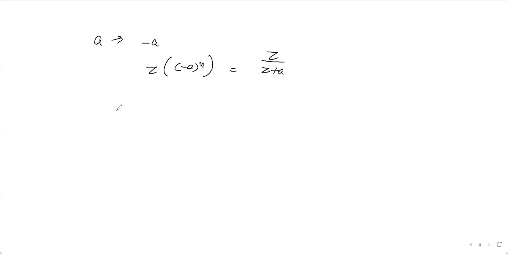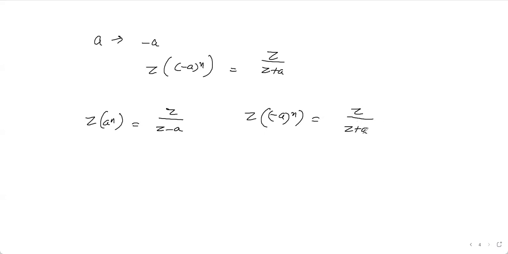So we got both the results here: Z of a power n is z by z minus a, and Z of minus a to the power of n is z by z plus a. We have obtained both these results.